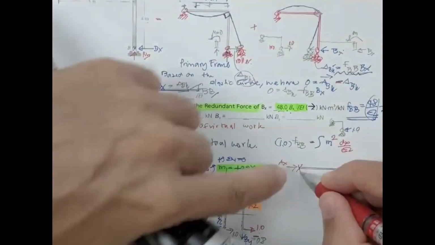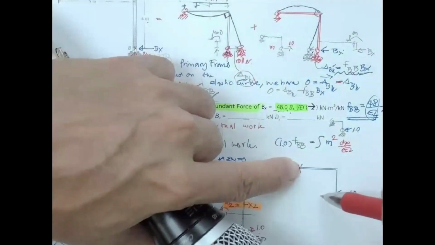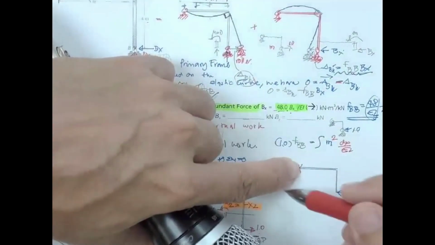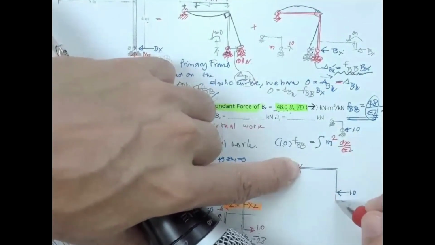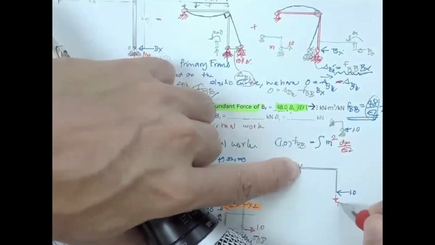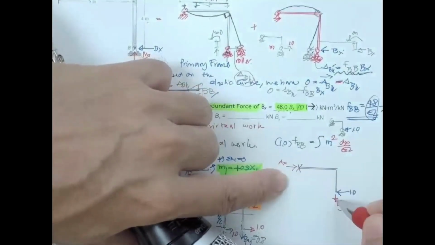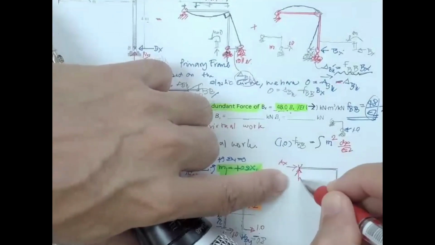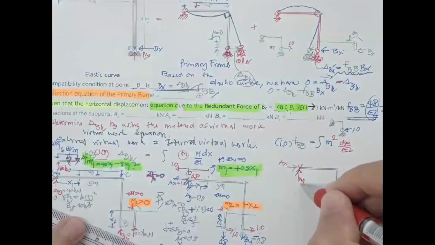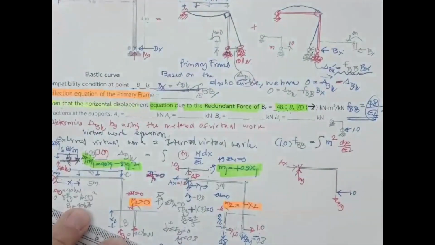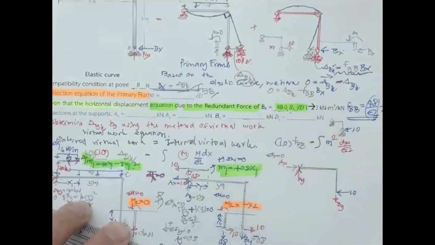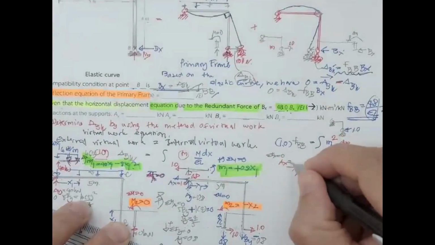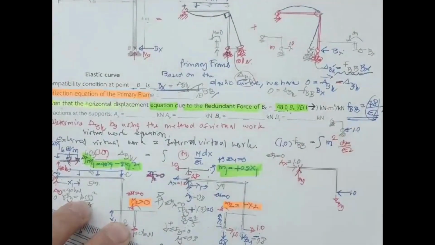If you take the moment over here, this rotation is in this direction. Is in this direction. Is in this direction. And this one must be in this direction. It has to be B sub Y. And this one, B sub Y. This one is going to be A sub Y. If you do the same calculation, summation F sub X equal to 0, A sub X is going to be 1.0.